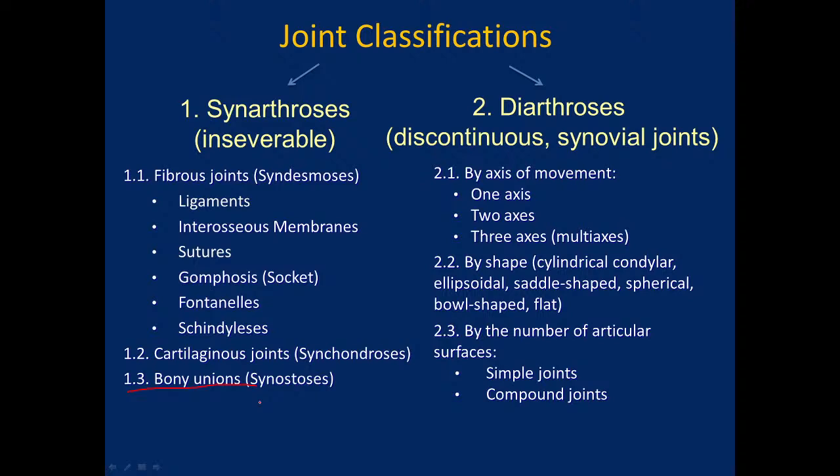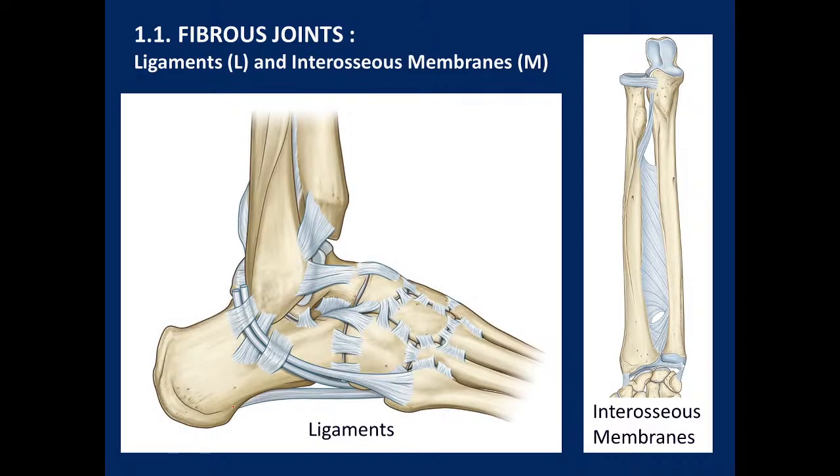Let's look in more detail at fibrous joints, and we will start with ligaments. Fibrous joints are joints in which the neighboring bones are joined together by a solid mass of dense, irregular connective tissue.